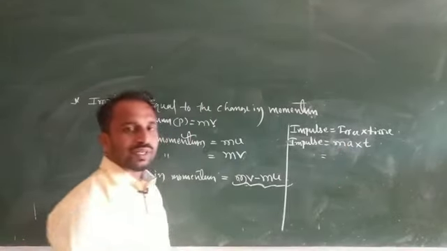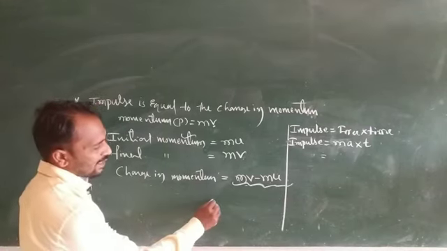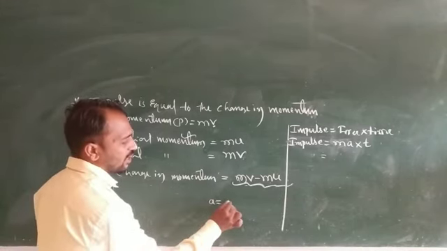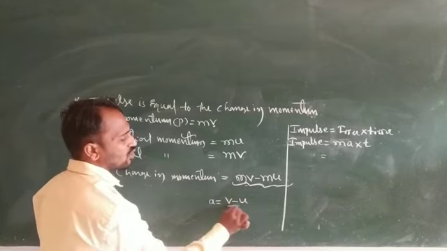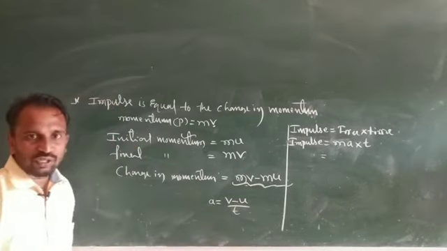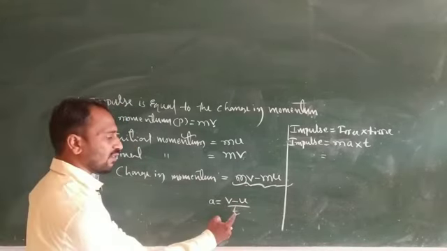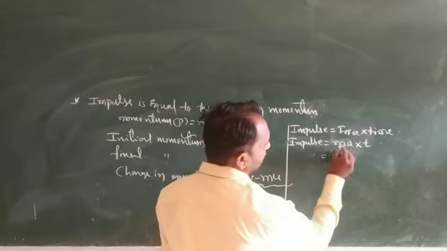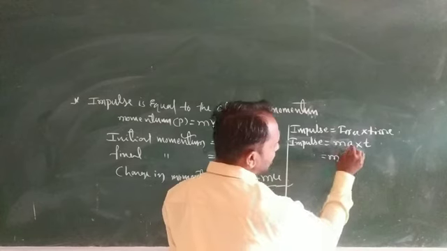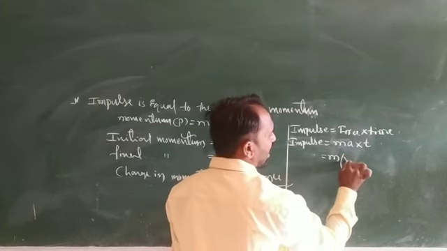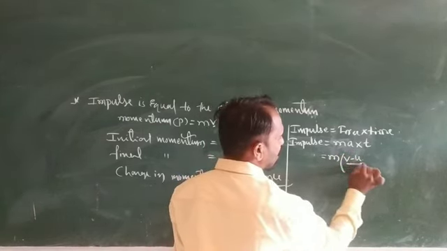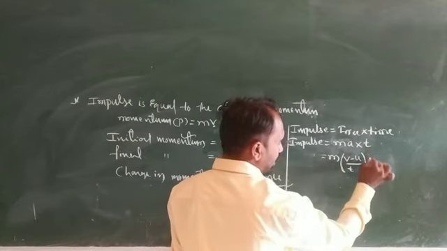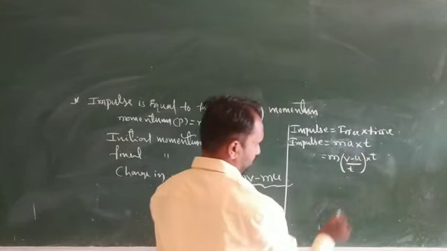You already know the acceleration formula: acceleration is equal to final velocity minus initial velocity divided by time. So mass stays as it is, and acceleration, final velocity minus initial velocity divided by time, into time.